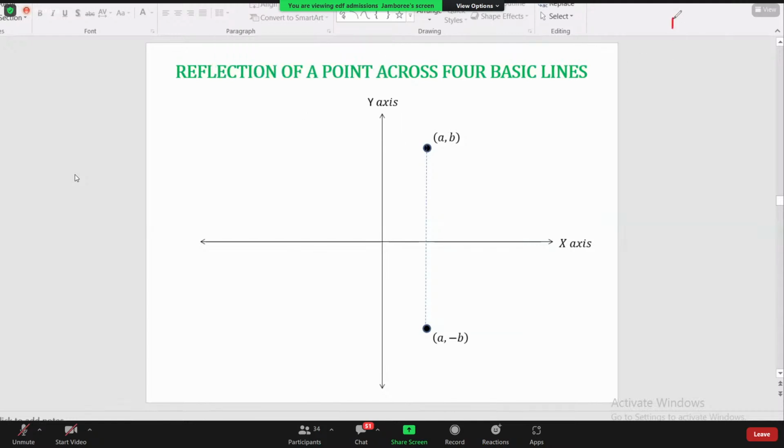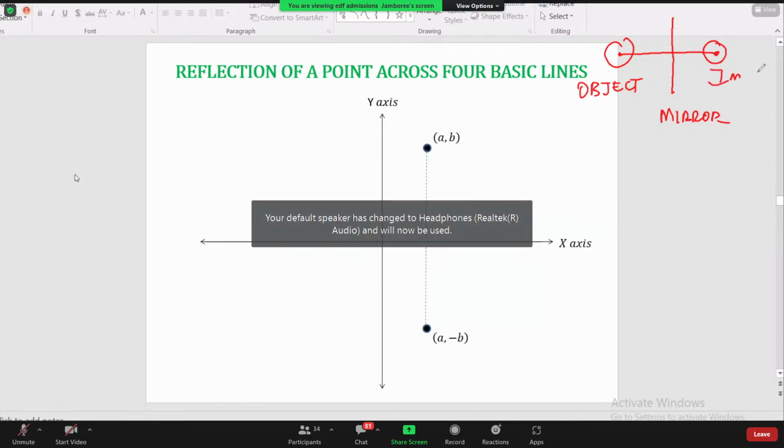We all know this fact that let's say there is a point out here, which I'm treating as an object. And let's say this is a mirror in between. If this is the object, and this is the mirror placed, then the image formed will be bang opposite to it somewhere out here. This will be the image formed.